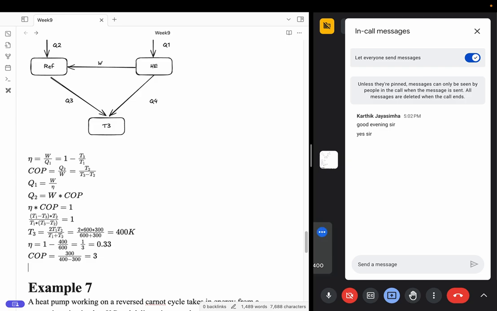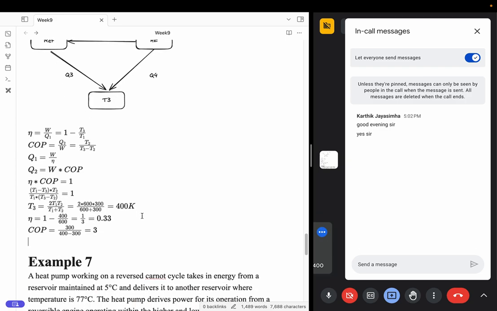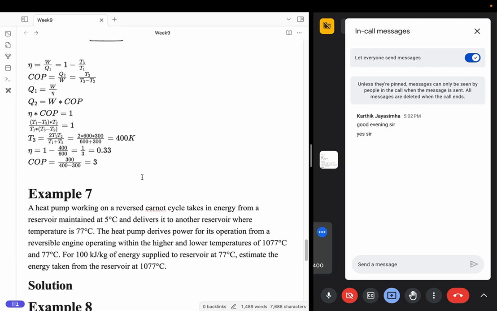The second part is straightforward. So I don't think there are any queries in that. So just calculate T3, substitute and calculate. There are no questions. Then we can move on to the next problem.